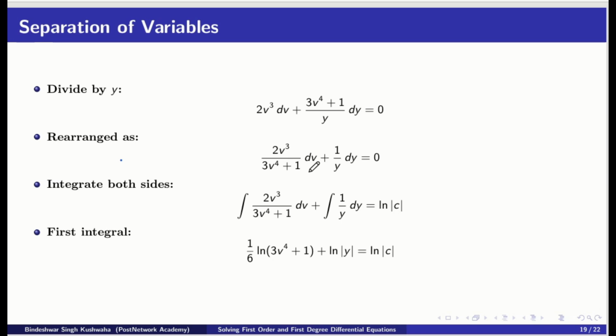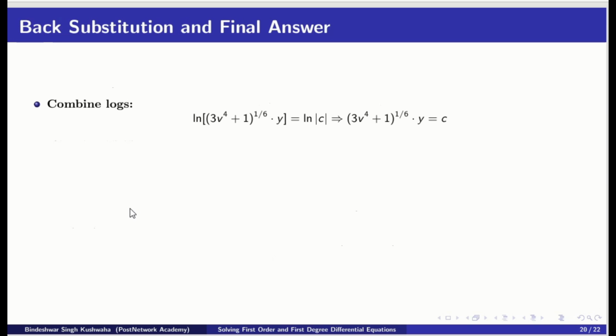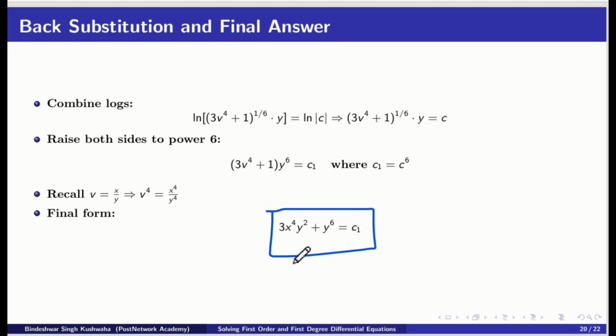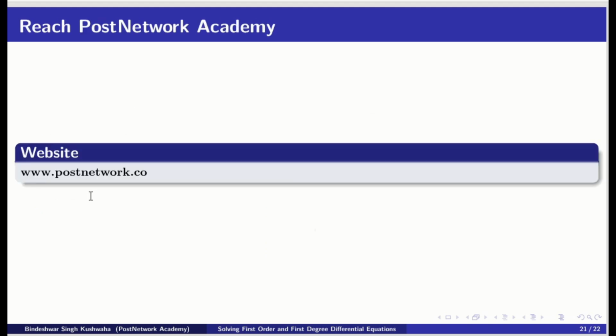So let us see. We will get x upon y. So when we plug it, we will get this one. So final solution would be this one. There is no boundary condition, so again we will have a solution with a constant.